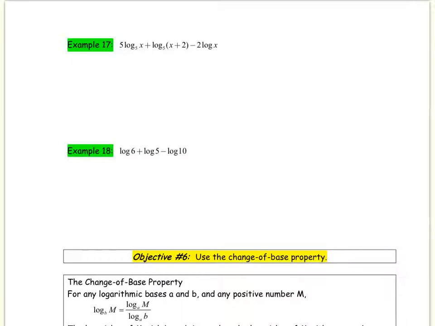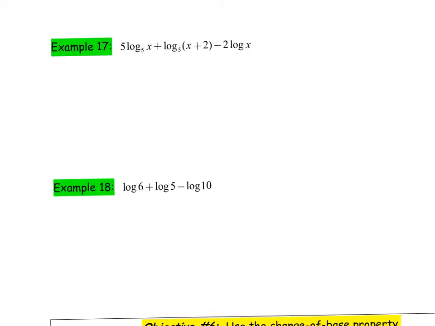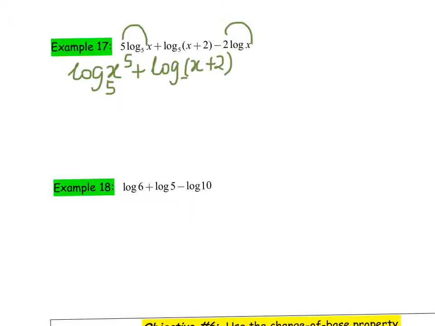Same thing here. Let me expand this a little bit. I'm going to deal with the powers first. I'm going to put back the powers in their places. So this is log x to the power 5 base 5 plus log (x plus 2) base 5 minus log x squared.